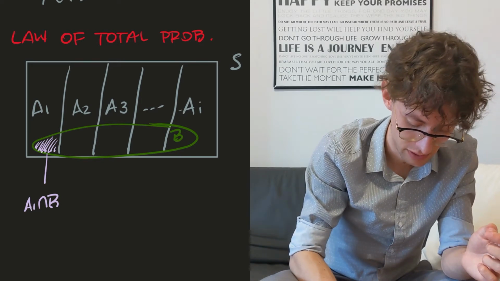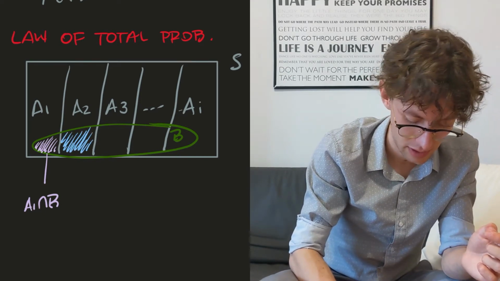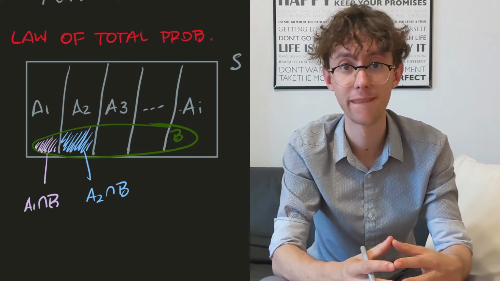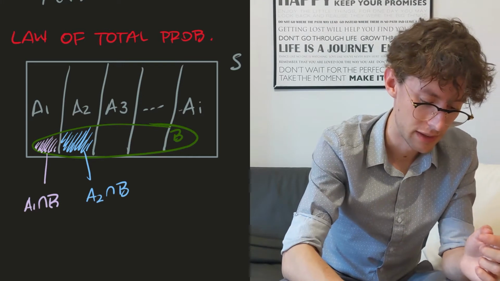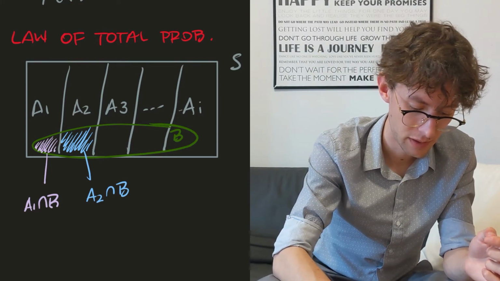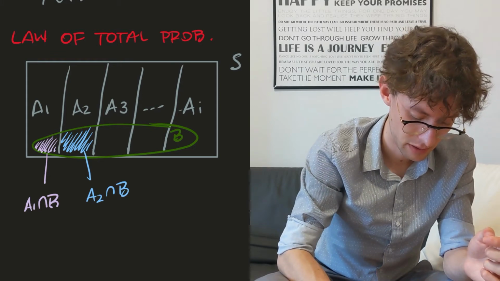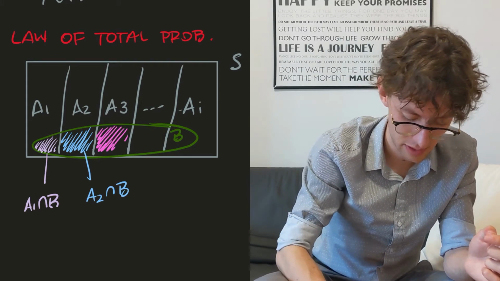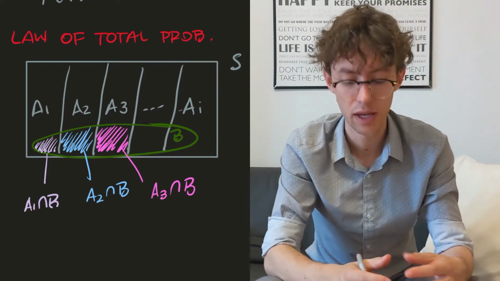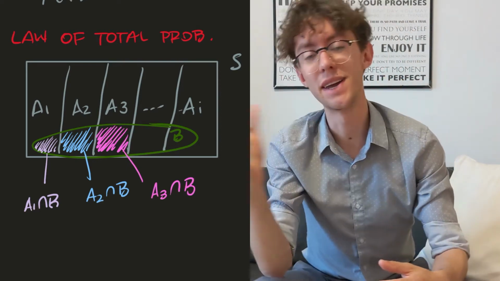Let's choose blue. This guy over here is the intersection between A2 and B. Again, then we have this other guy over here. And this guy over here is the intersection between A3 and B. And you can go all the way like this to AI.